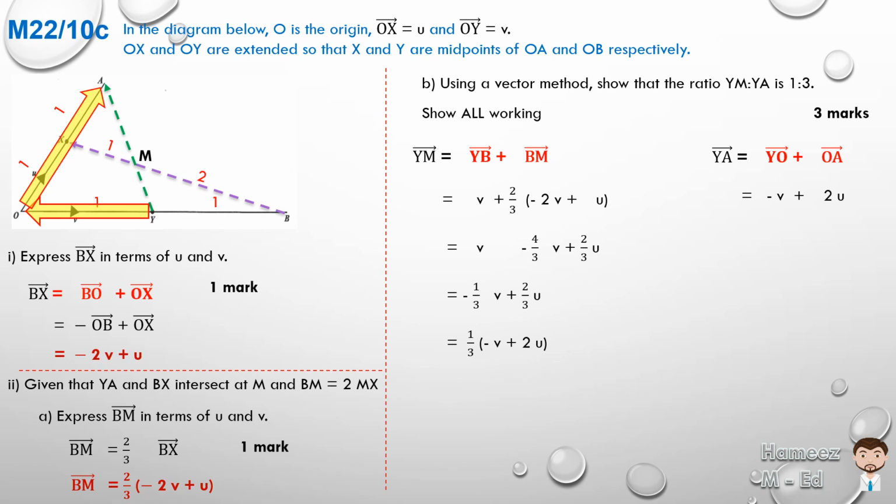We recognize that what we had inside the brackets is YA. So YM is equal to 1/3 by minus v plus 2u. And we know the brackets. So YM is equal to 1/3 by YA. So if we bring the YA across, we can say YM to YA, that ratio, is really equal to 1 to 3. And we have shown the proof.